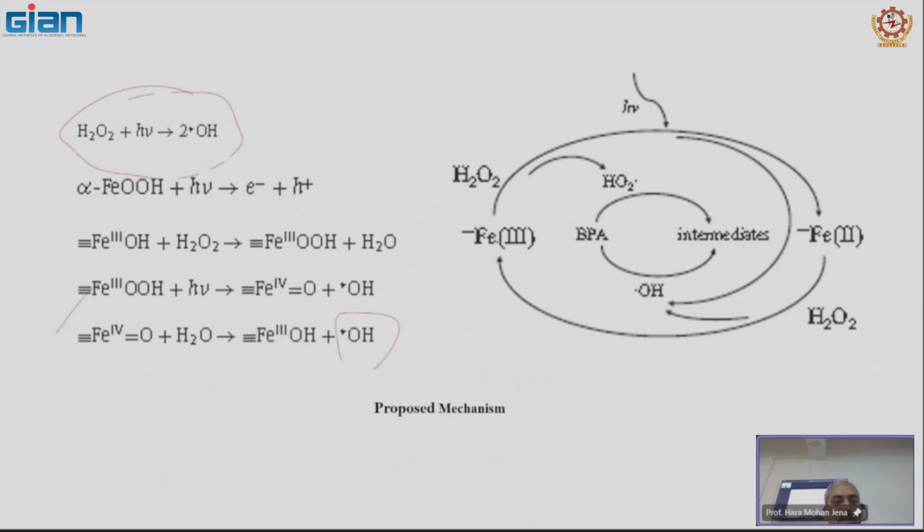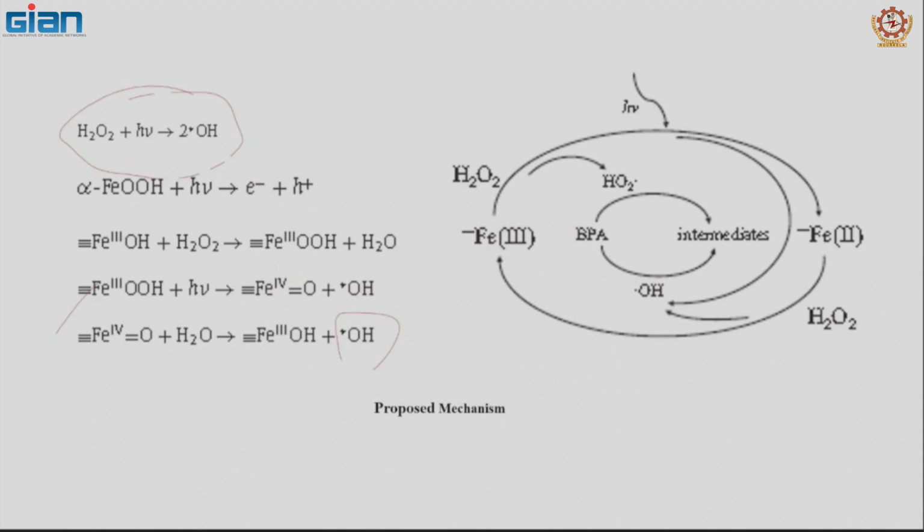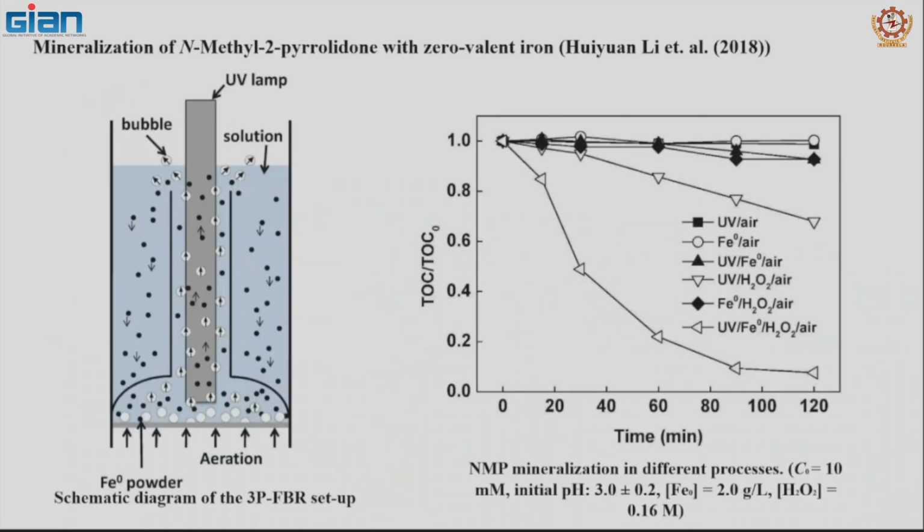So this ferrous form interacts with the hydrogen peroxide and generates hydroxyl radicals, and the hydroxyl radicals degrade the organic compounds finally to carbon dioxide and water.